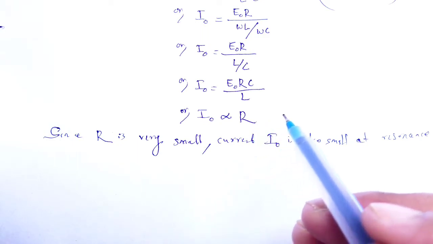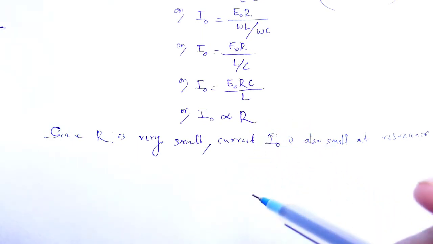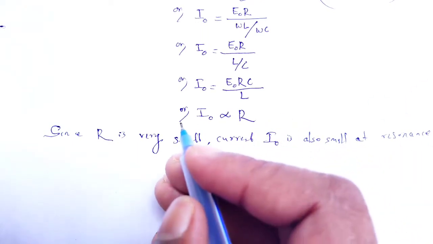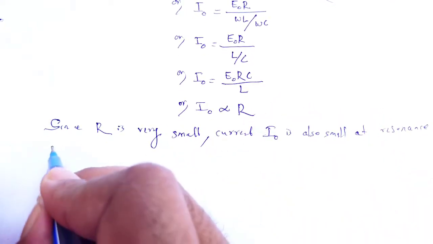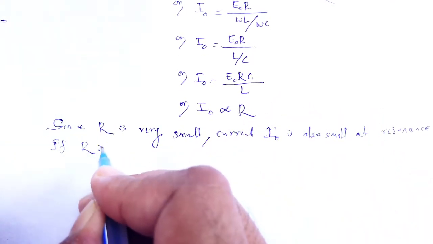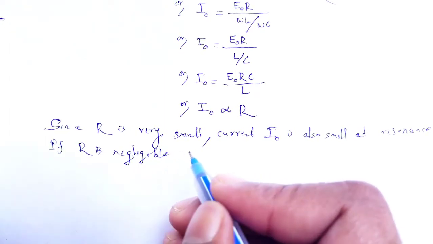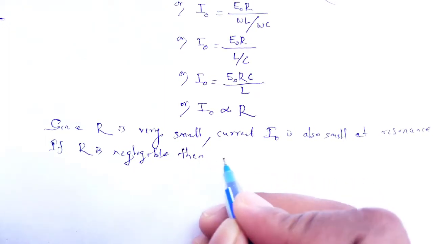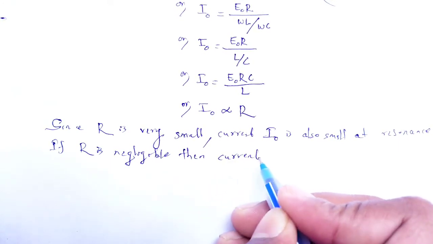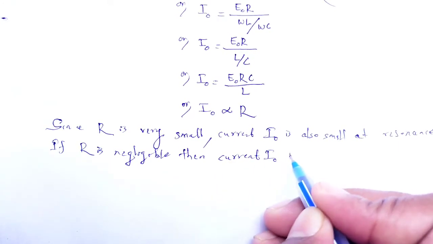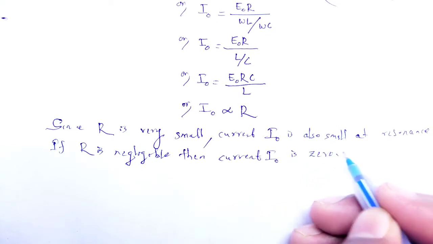And if R is negligible, then current I naught is 0.